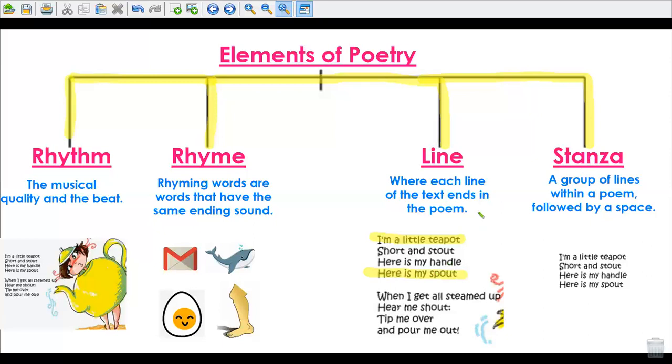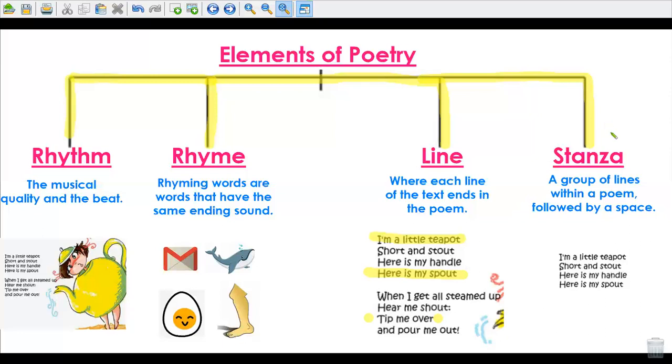If I said which line says tip me over, I would count down 1, 2, 3, 4, 5, 6, 7. Line number 7 says tip me over. You do not have to write the example unless you would like to. And pause the video here so you can write down your word line and the definition.